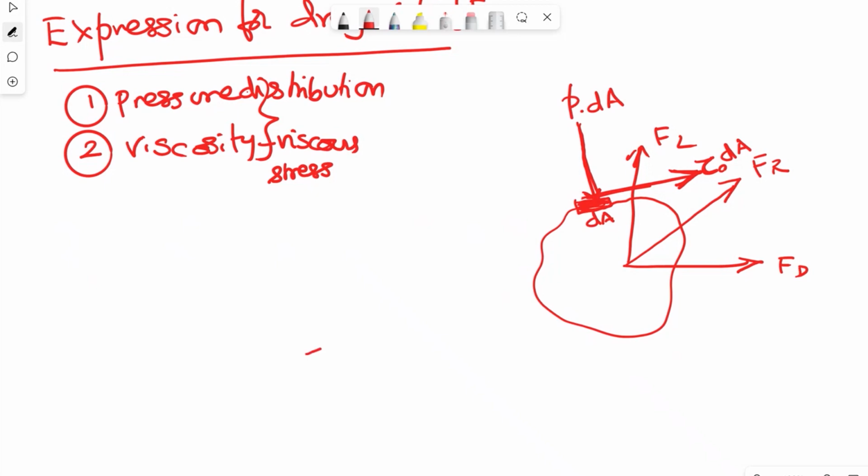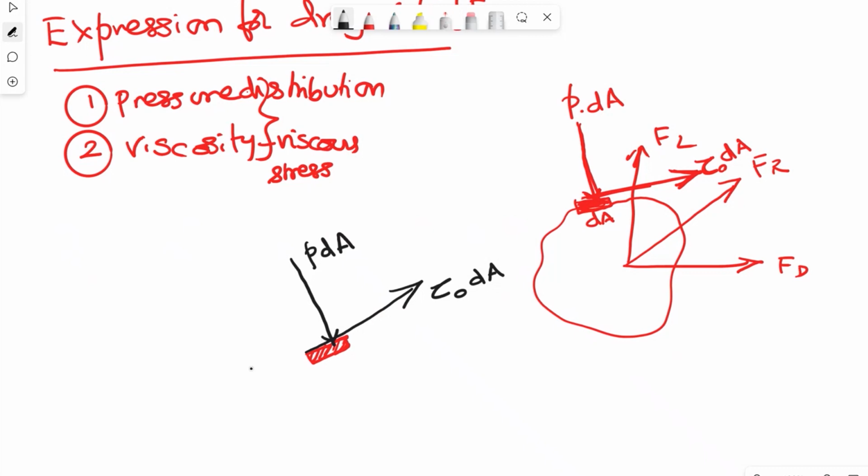So I have taken a small area like this, right? Now, if I see the forces, tangential to it is the shear force and perpendicular to it is the pressure force. Now I want to analyze.